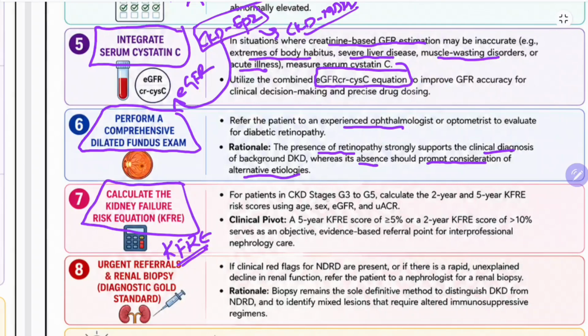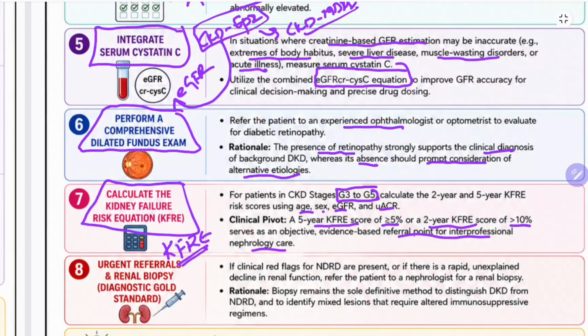So for patients of stages G3 to G5, calculate the 2-year and 5-year KFRE risk scores using the age, sex, EGFR and UACR. A 5-year KFRE score of more than 5% or 2-year KFRE score of more than 10% serves as an objective evidence-based referral point for interprofessional nephrology care.